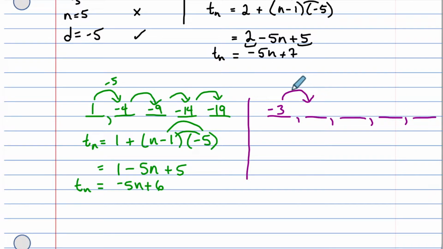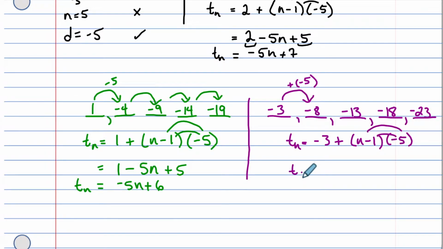Each time we add a -5, t of n equals -3 plus n minus 1 times the -5. T of n equals -3 minus 5n plus 5, and t of n equals -5n plus 2. So three possibilities here. Yours might look different. Good job.